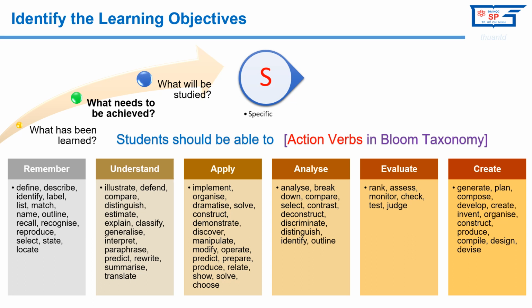S stands for specific. The objective should be broken down into manageable components, providing a clear and concise description of the intended outcomes. Many activities that faculty believe require a single skill, for example, writing or problem solving, actually involve a synthesis of many component skills.